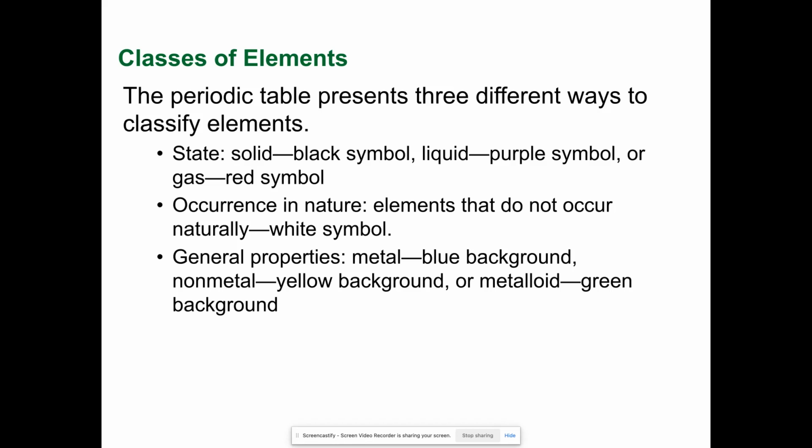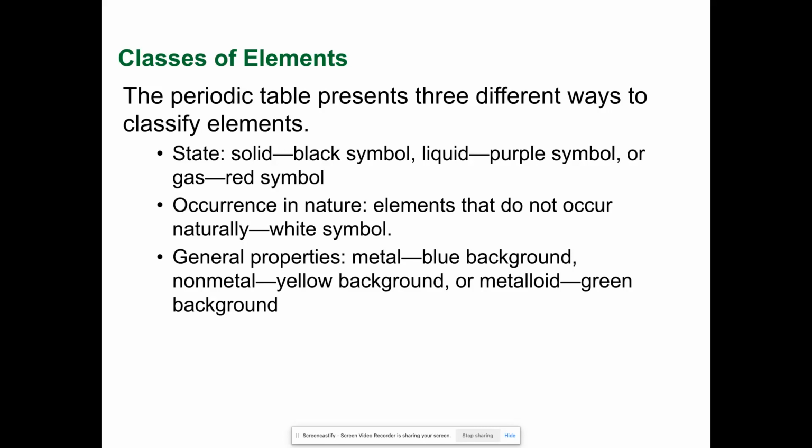All right. So the periodic table presents three different ways to classify elements. State is one way to do it. A solid is a black symbol. A liquid, and this is referring to room temperature, is a purple symbol. A gas is a red symbol.